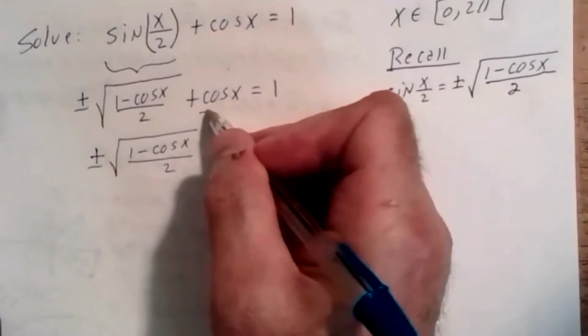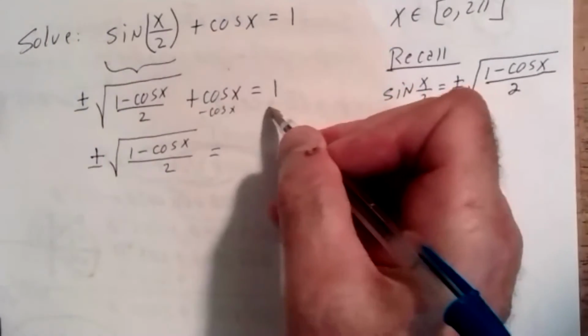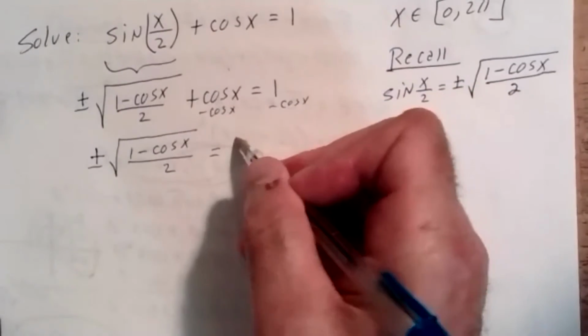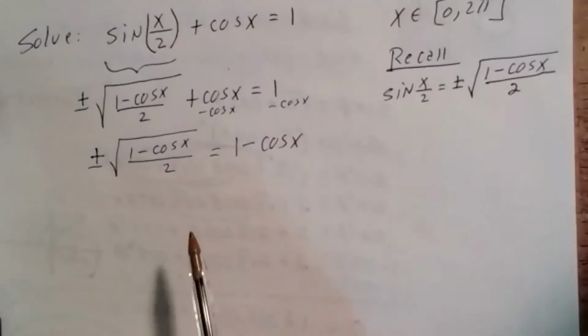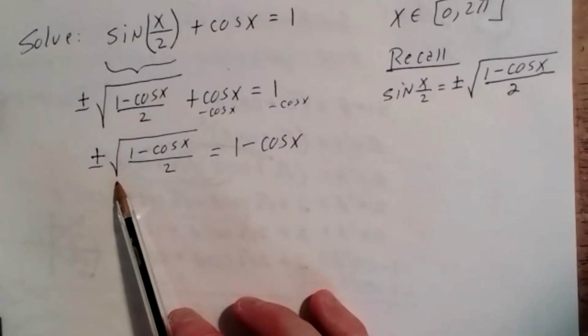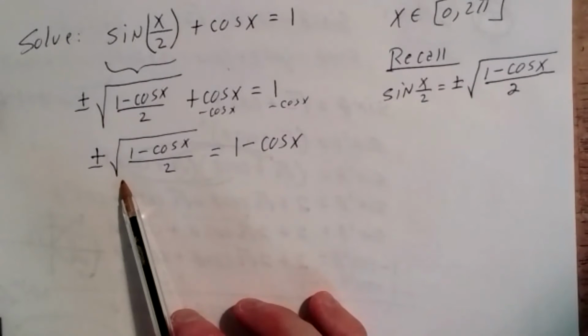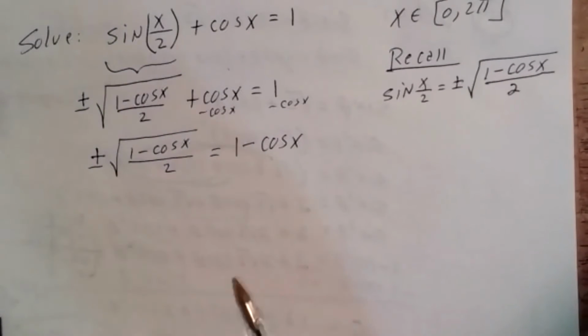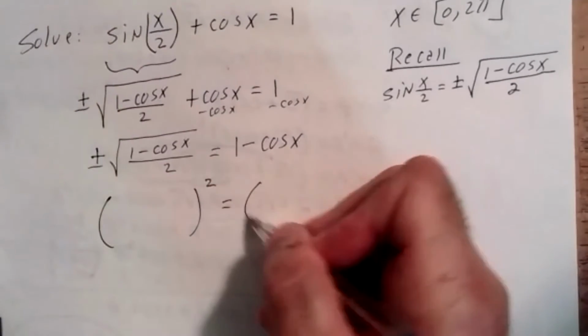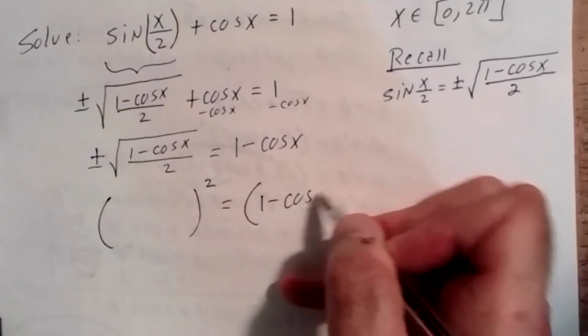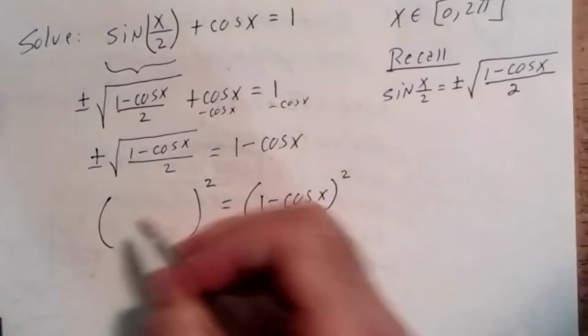Now we have the square root all by itself on the left side of our equation. And how do we get rid of a square root? We square it, but we also therefore have to square the right side of our equation.